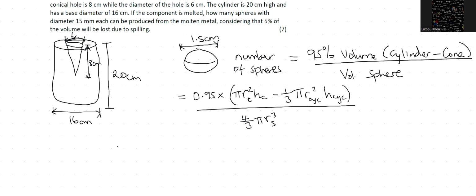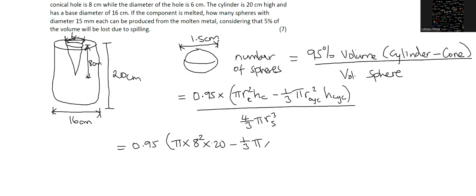So we have 0.95 times pi. The radius here is 8, squared. The height is 20. Minus 1/3 pi. The radius here is 3, squared.